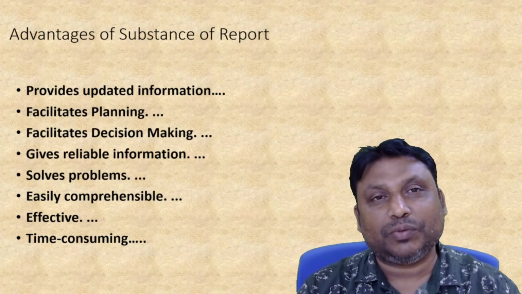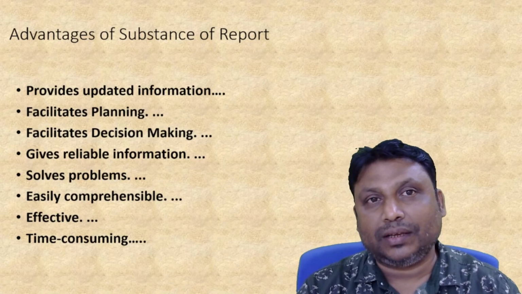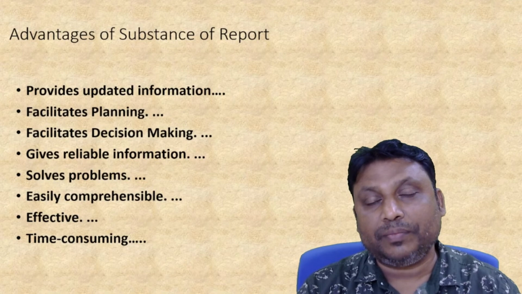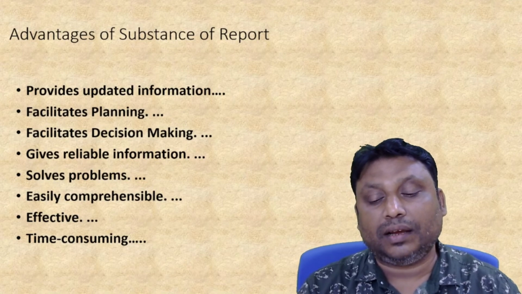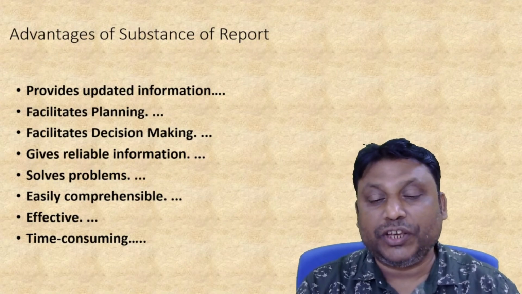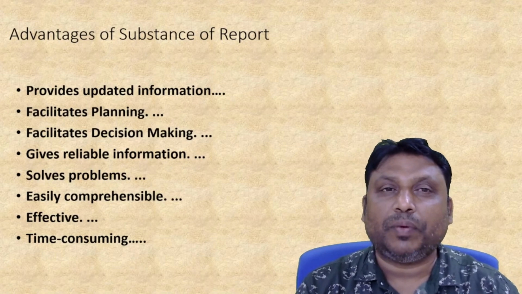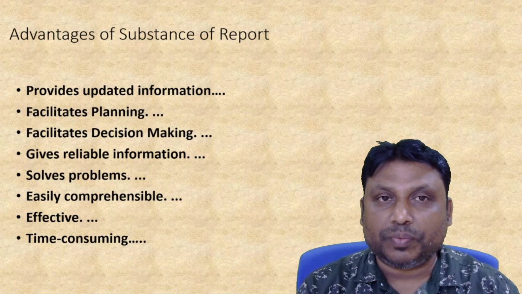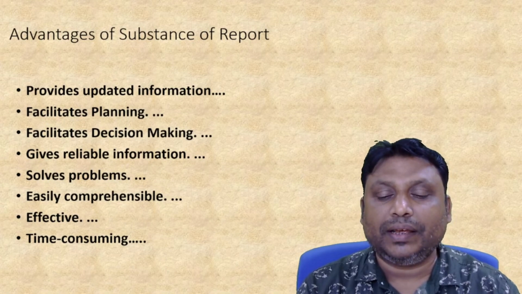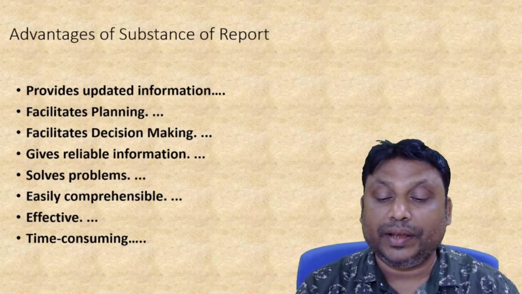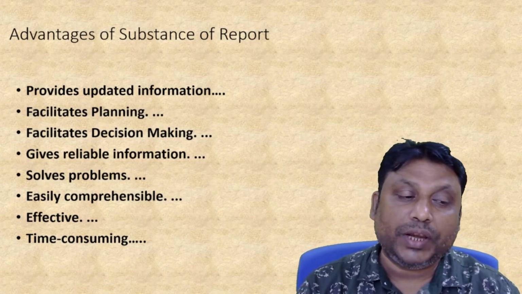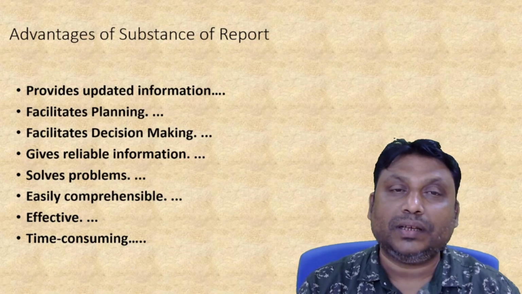So in every proposal, you mention the travel chart or time frame. If you mention it in every proposal, then automatically your research work will be completed in this time frame. So these are the advantages when you are preparing your research report.